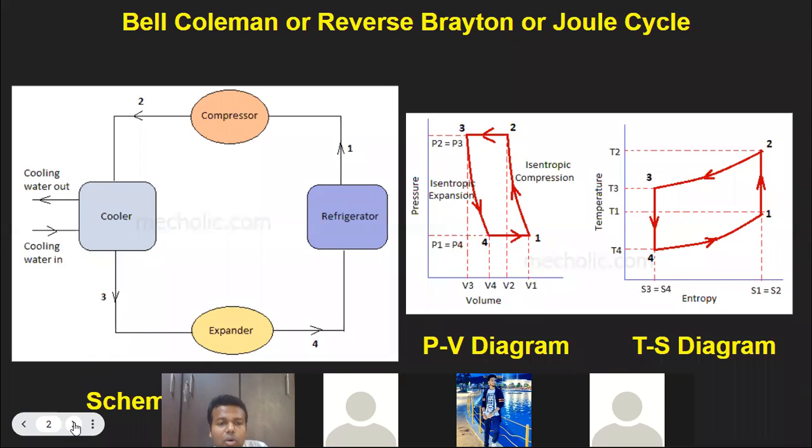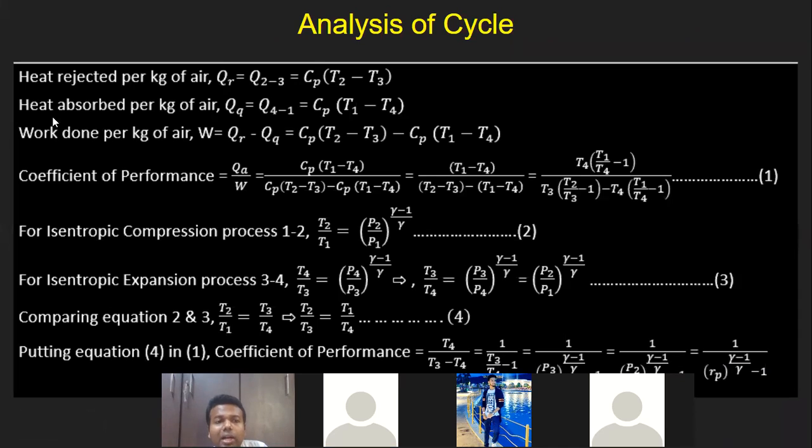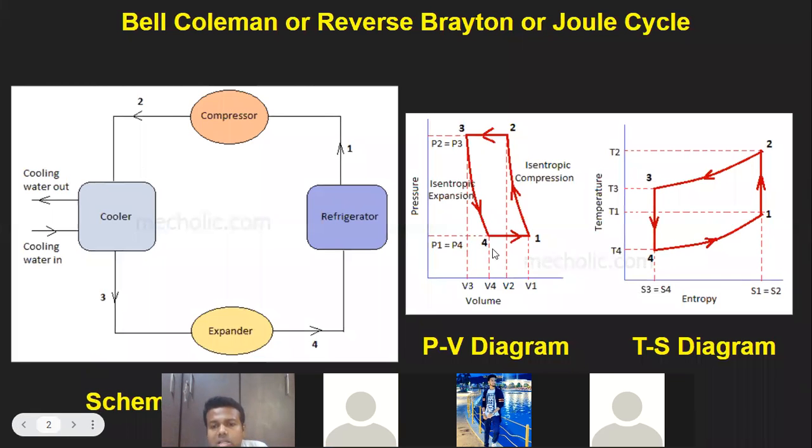Right, so now let us focus on this one. How to calculate heat absorbed? Again the process is carried out at constant pressure. You can see this 4 to 1 is done at constant pressure, so it is Cp into change in temperature.